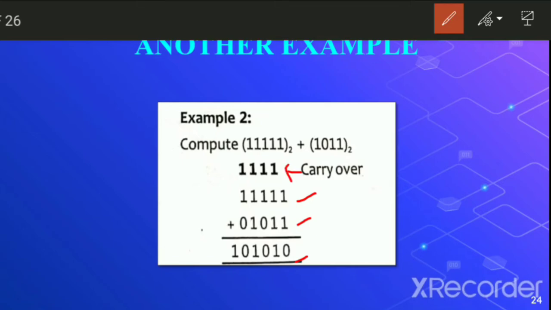Now add 1 plus 1, which is 0, and this is the carry. Now we got 1, so again we got 0. 1 plus 1 is 0, 0 plus 1 is 1, so we have this 1 and this 1 is the carry. Now again 1 plus 1 is 0 and 0 plus 0 is 0.